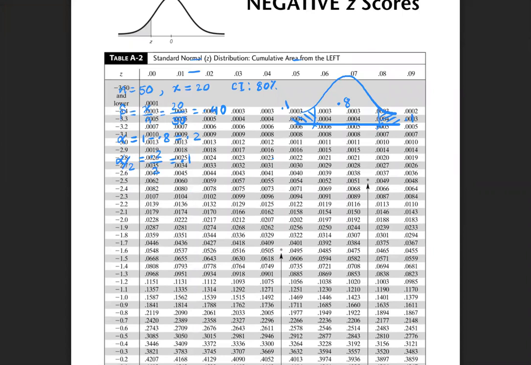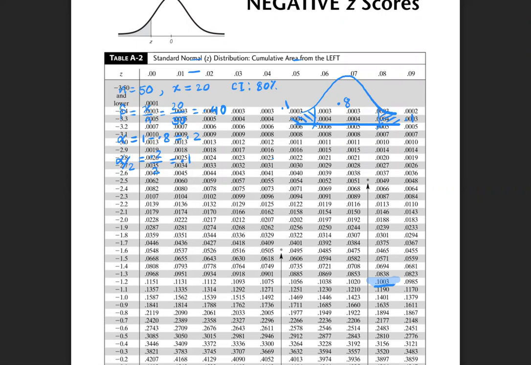So I see 0.1056, 0.103, 0.1003. This value, 0.1003, is the closest to 0.1.